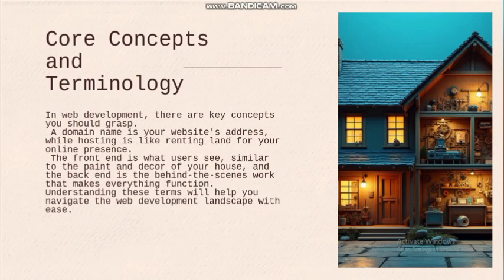These are the things that people don't see, like the plumbing of your house, the electrical wiring, the foundation. But without them, you can't have a front end. Understanding these terms will help you navigate the web development landscape with ease.